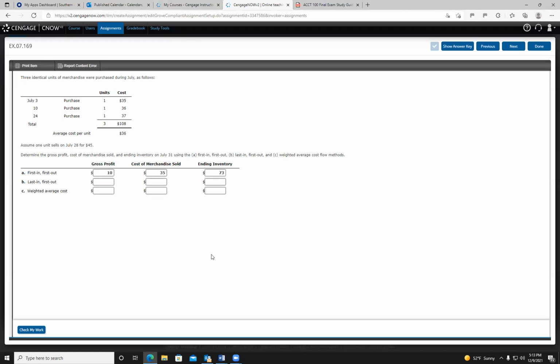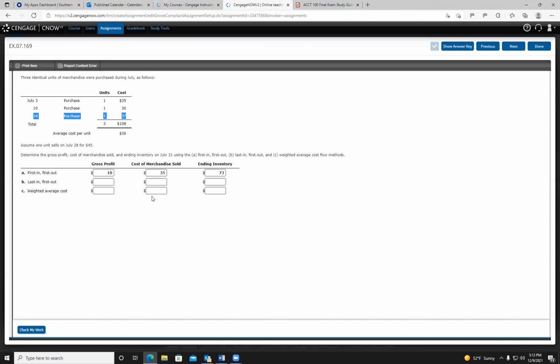All right. The next one, last in, first out. Okay, so last in, first out is opposite. It's assuming that the last item you purchased, which would be in this purchase right here, July 24th, is the first item you sell. Last in, first out. So last item purchased is your first item sold.